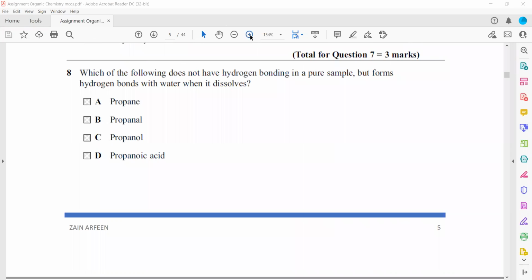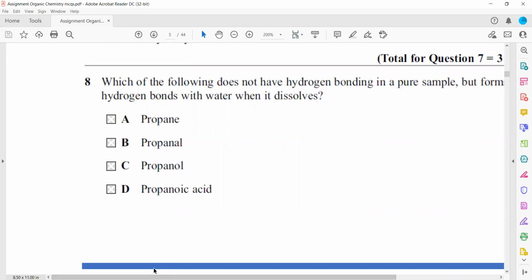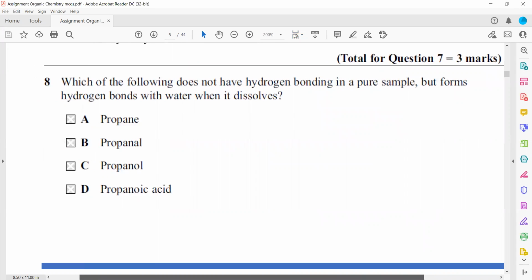Then, which of the following does not have hydrogen bonding in a pure sample but forms hydrogen bonds when it dissolves in water? Inside, it does not have its own hydrogen bonding, but when it dissolves in water, it can form hydrogen bonding. Look, all alcohols have hydrogen bonding.